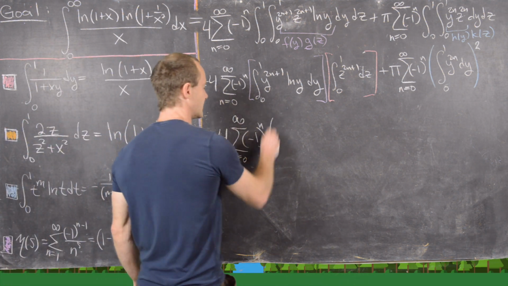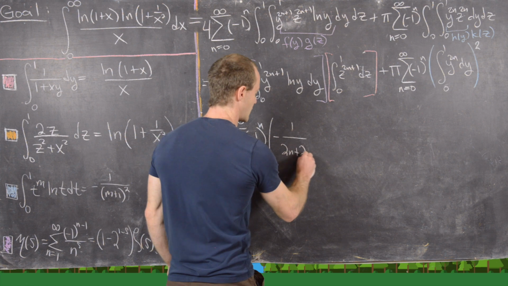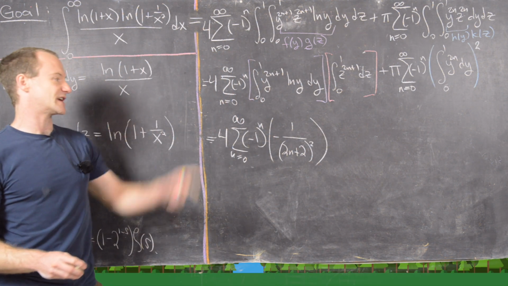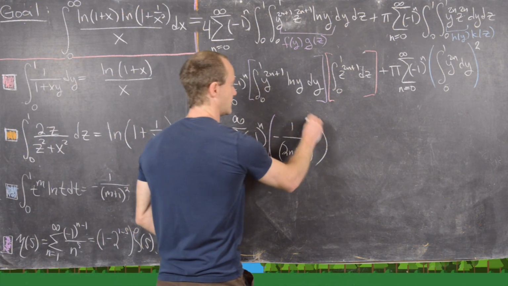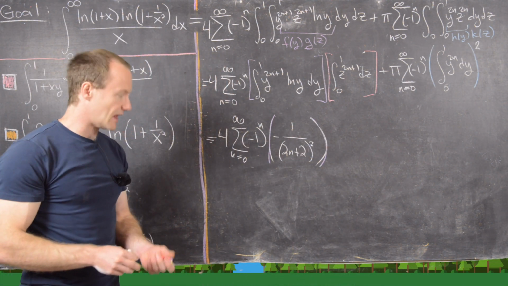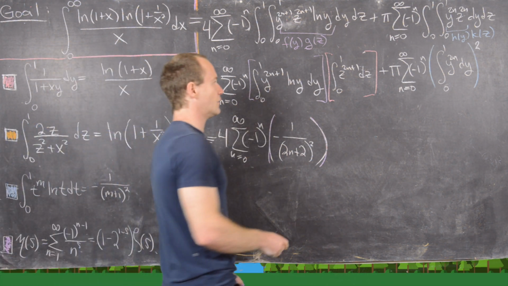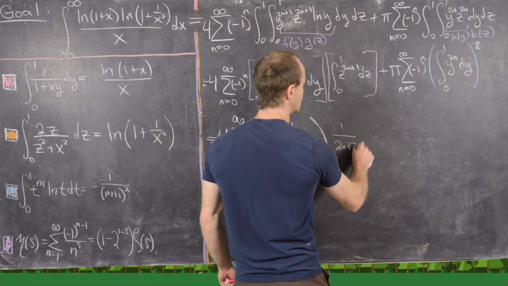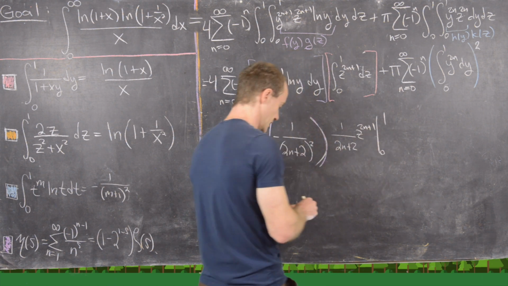That's going to give us minus 1 over 2n plus 1 plus 1, in other words 2n plus 2 squared. So that's what we get for this purple guy. And then here I just do an antiderivative, which is really the power rule. That gives me 1 over 2n plus 2, z to the 2n plus 2, evaluated from 0 to 1.